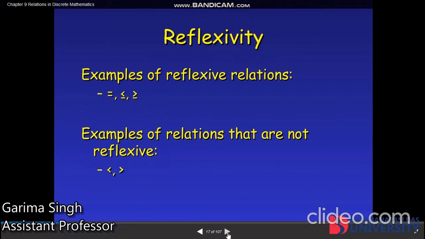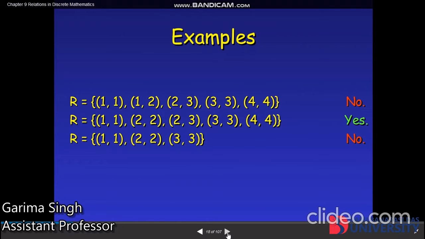Let us consider examples of reflexive relations and non-reflexive relations. This is the given example, and you have to find out the relations that are reflexive and the ones that are not.